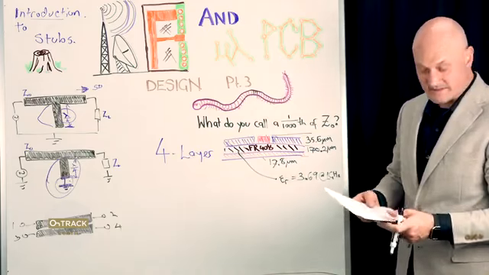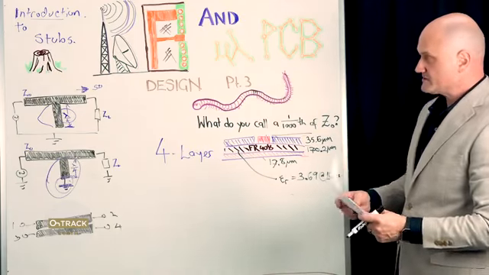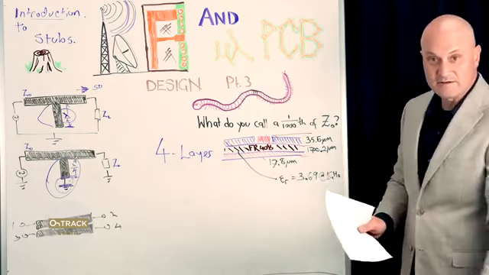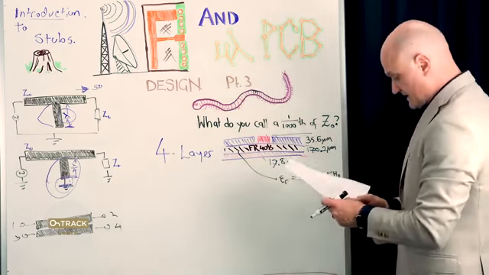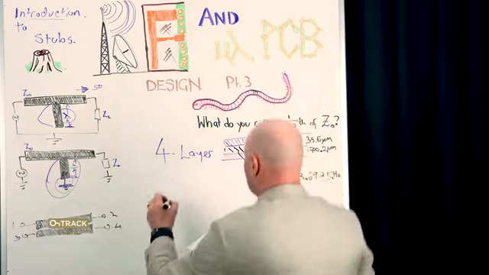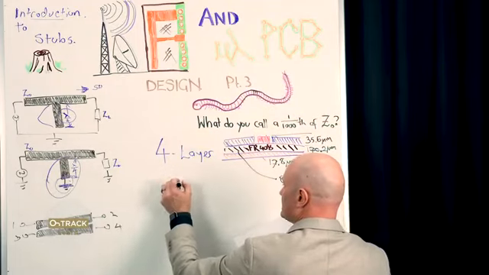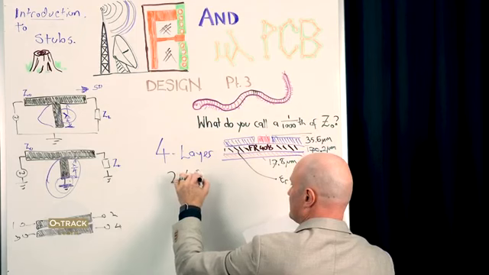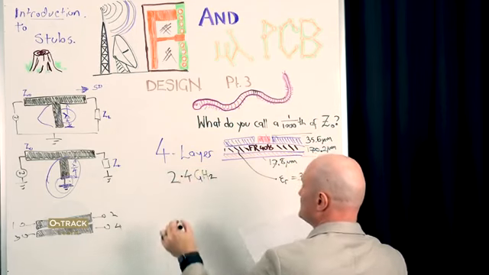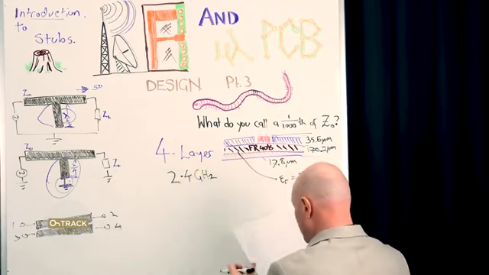We all have a good impedance calculator now. It uses a static field solver, but there's many tools out there you can use for free to verify your results. So I want to create a board here that operates at 2.4 gigahertz. Typical Wi-Fi or Bluetooth or whatever is usually around this.